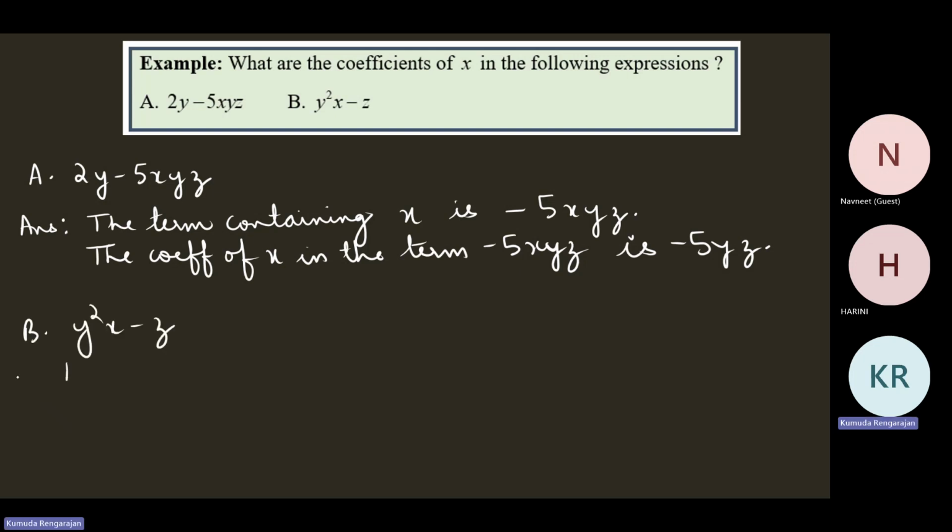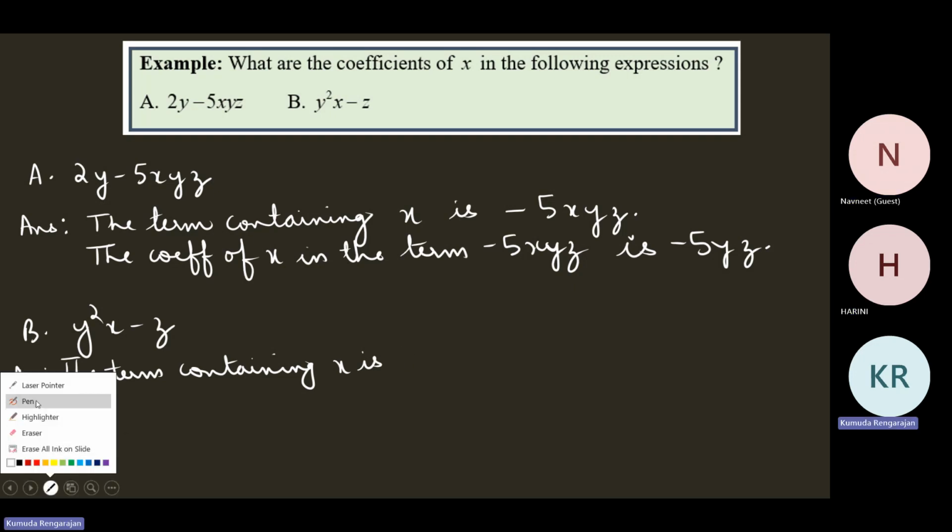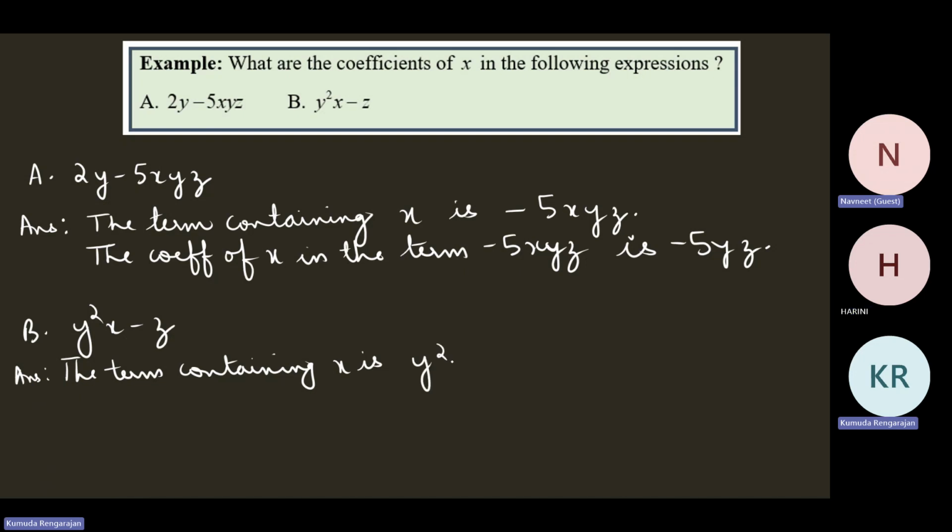So in the second one, the term containing x is which one? Ma'am, y square x. Yeah, correct. It's y square x. Now write the coefficient.